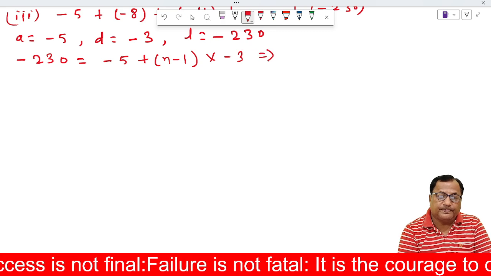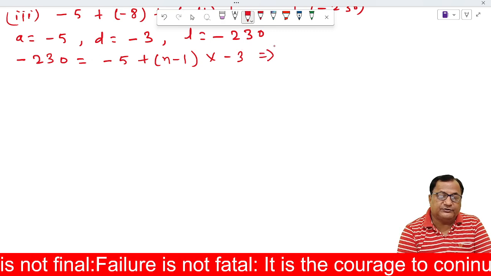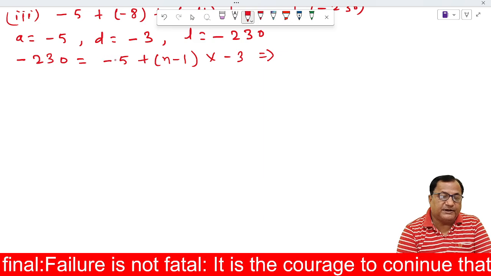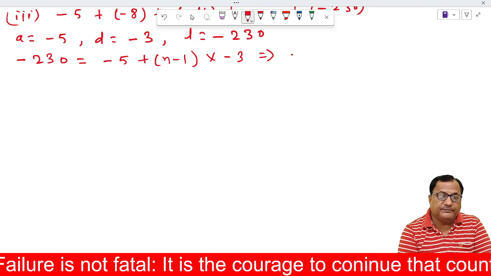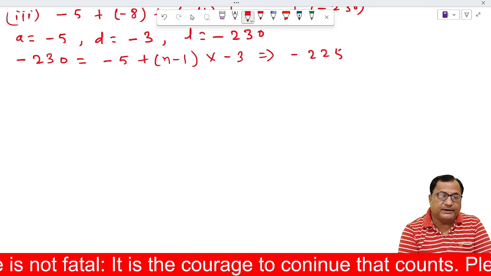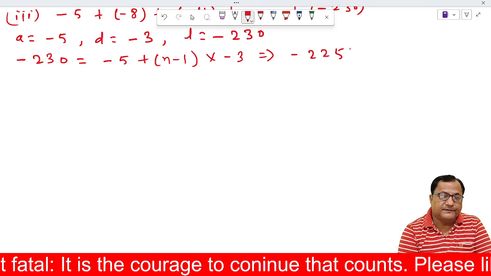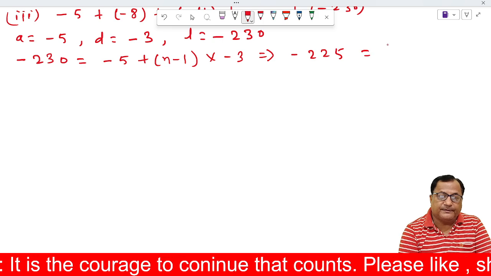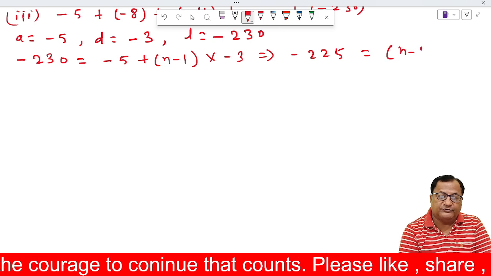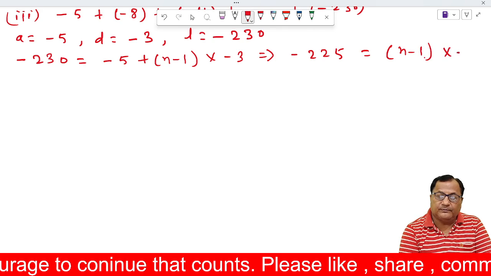So this will come this side, so this will be plus, so this will be minus 225 is equal to N minus 1 into minus 3.